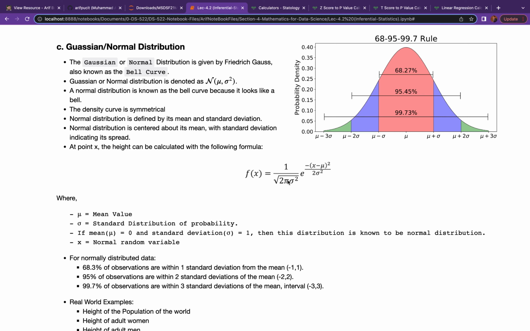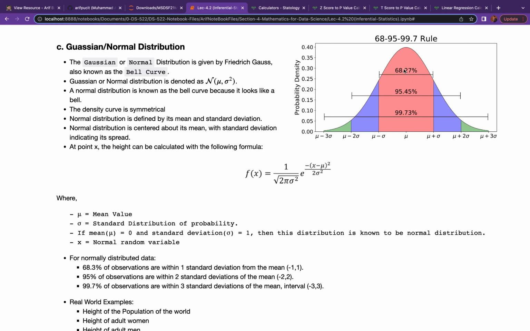My dear students, this is the PDF or probability density function, or formula, of the normal distribution, which is defined by its mean and standard deviation. If you closely observe this graph of the normal distribution, you can see it is a symmetrical graph with its center at the mean.